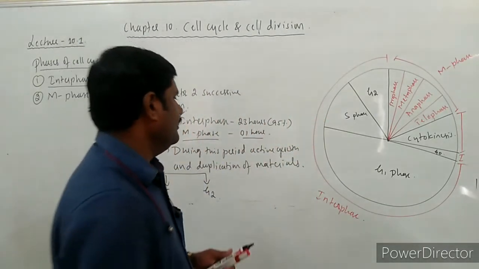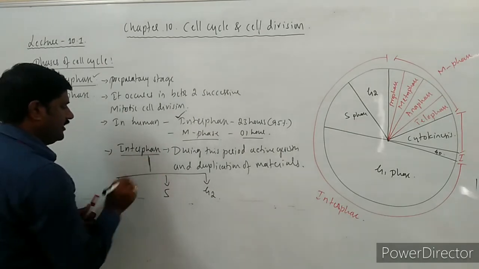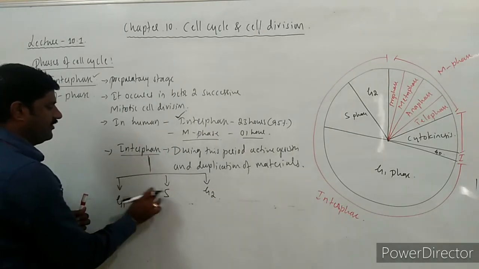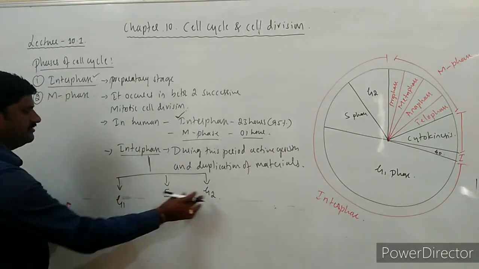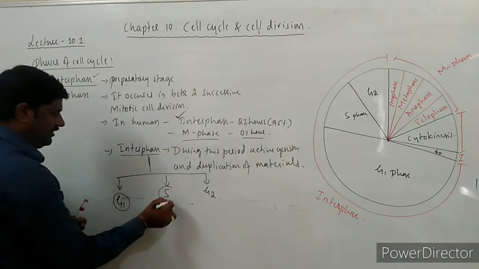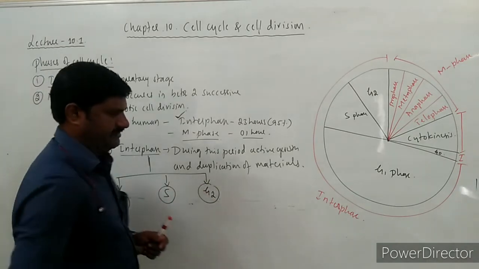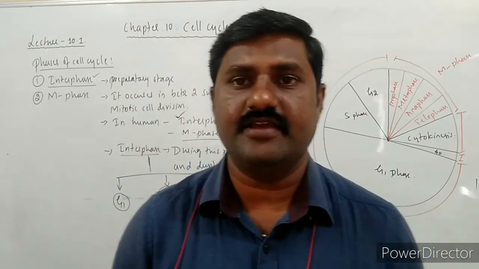First of all, we'll go through the interphase part, and in interphase, once again we divide the period into 3 phases, and those phases are gap 1 phase, S phase as well as G2 phase. What happens actually during these 3 phases?